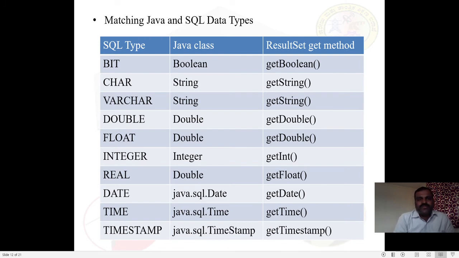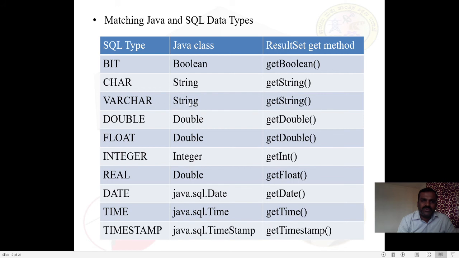Then matching Java and SQL data types. In SQL, bit matches the boolean of Java class, ResultSet get method getBoolean. Char, String, getString.